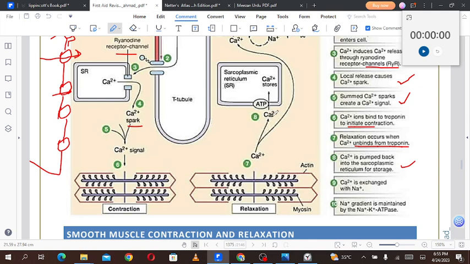Here you can see that when the calcium is being pumped into the sarcoplasmic reticulum, okay, there is no link here. We discussed that previously. Suppose it is a skeletal muscle and the calcium is being pumped into the sarcoplasmic reticulum, so that requires ATP. If the ryanodine receptor, which was responsible for the release of calcium into the cytoplasm, is abnormal and there is excessive release, there must be an excessive uptake as well.